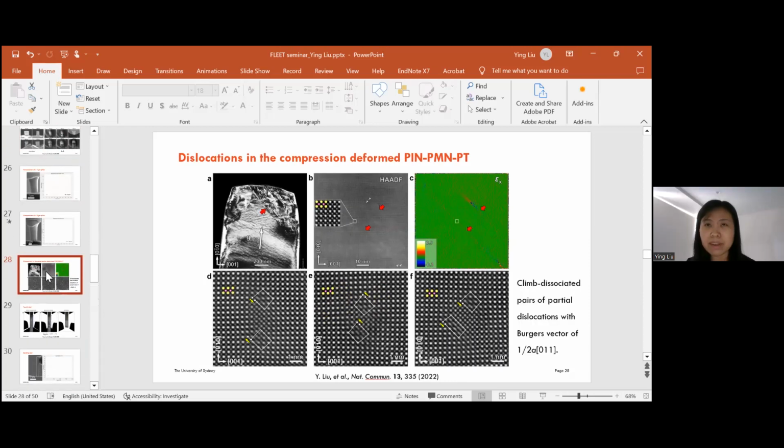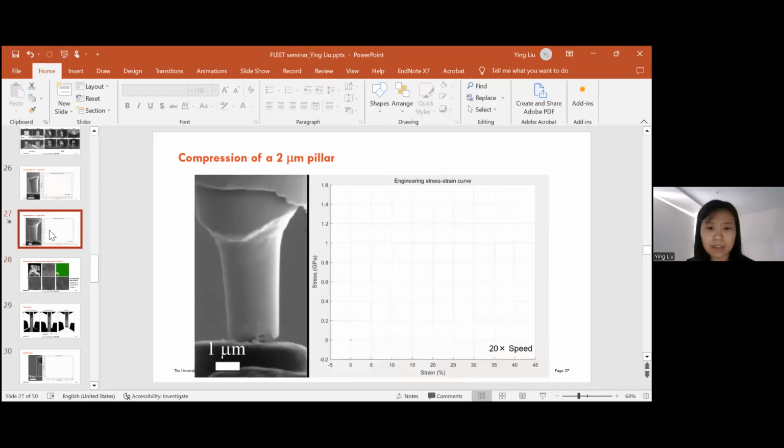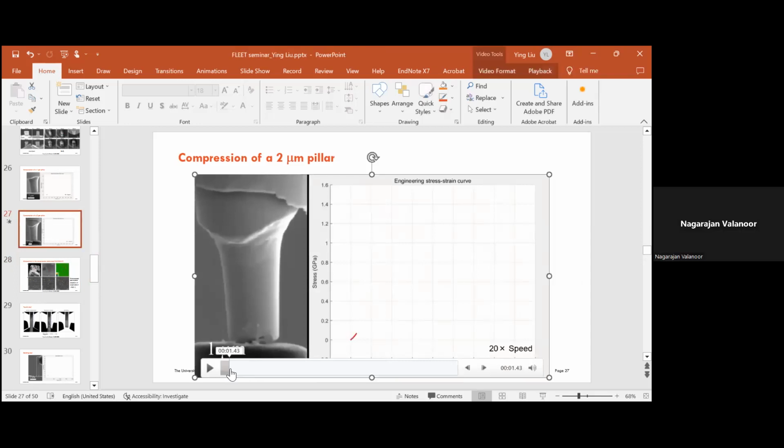Normally, if the strain can be recovered, it's supposed to be elastic deformation, and if the strain cannot be recovered, then it's supposed to be plastic deformation. No, I understand that, but when you showed us the video, for example, you said, okay, here it is plastic, here it is elastic. So what are you looking at over there?